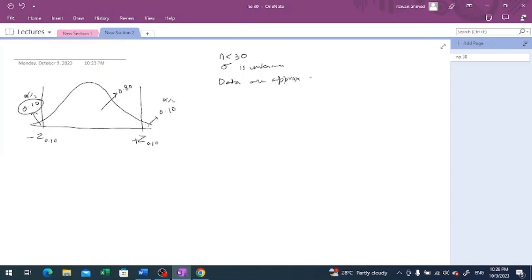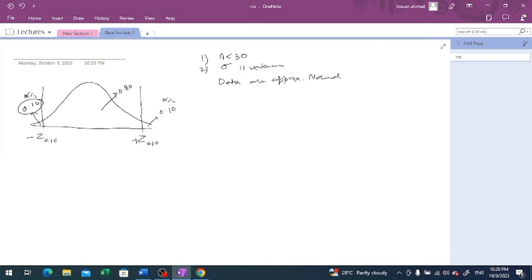The first two conditions, we can identify whether they are matching or not by just looking at the question. If we consider the question and find that the total number of observations given as sample size is less than 30, it will be indicated over there. Similarly, sigma, we look for in the question.